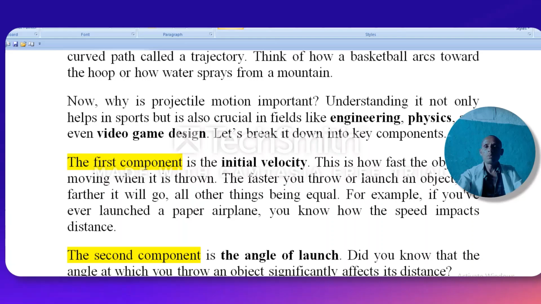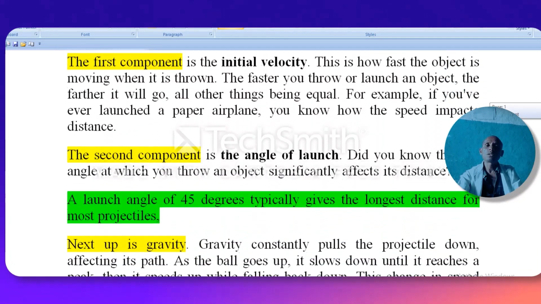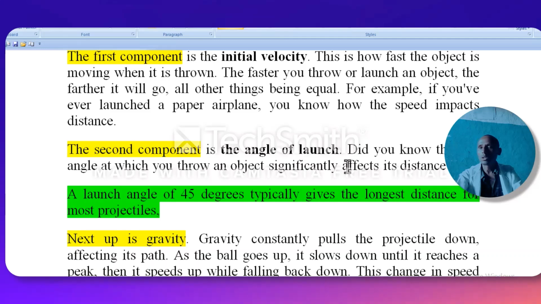For example, if we launch a paper airplane. The second component of projectile motion is the launch angle; the maximum range is typically given by 45 degrees, which gives the longest distance for the projectile.